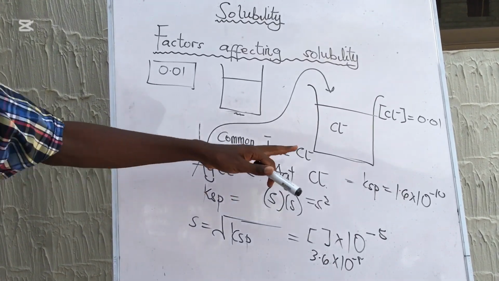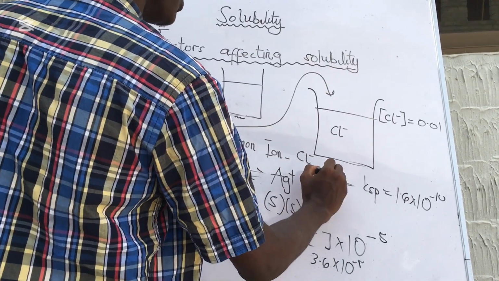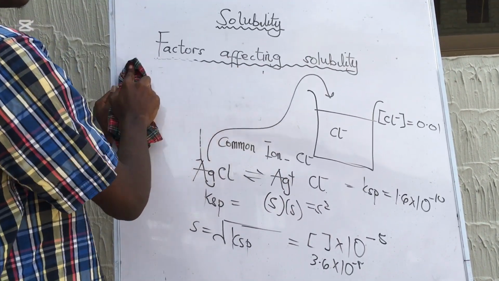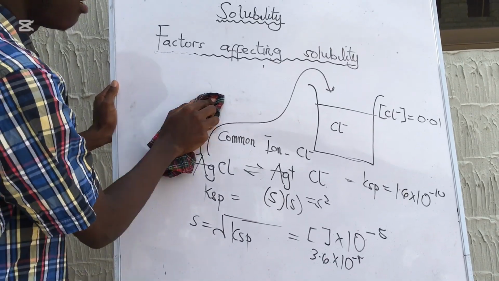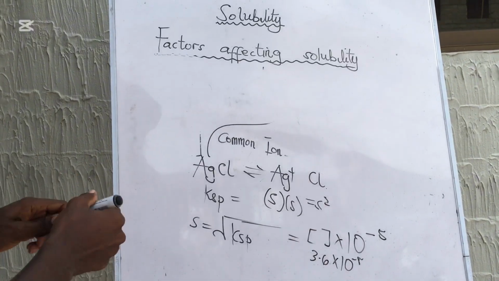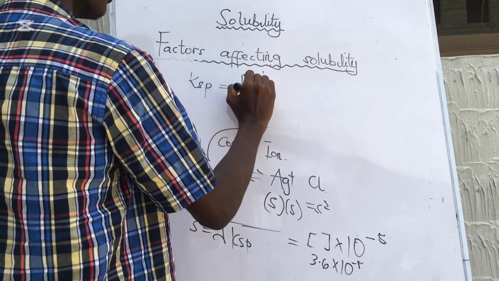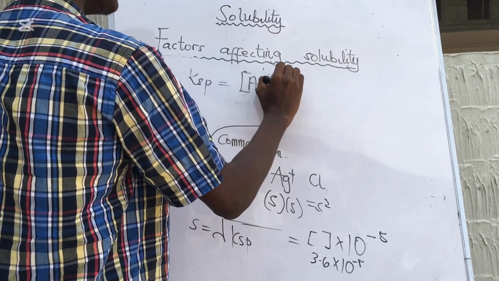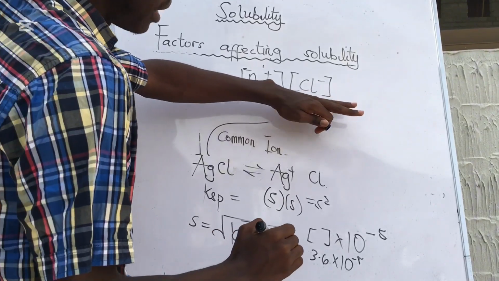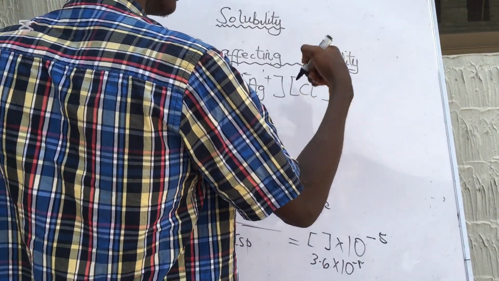So now, using the common ion effect, you know the concentration of Cl. So now your new KSP expression will be equal to the concentration or the solubility of Ag plus and also the solubility of Cl minus. But you know the concentration of this, because we've realized that that small number plus 0.01 will still give you 0.01.